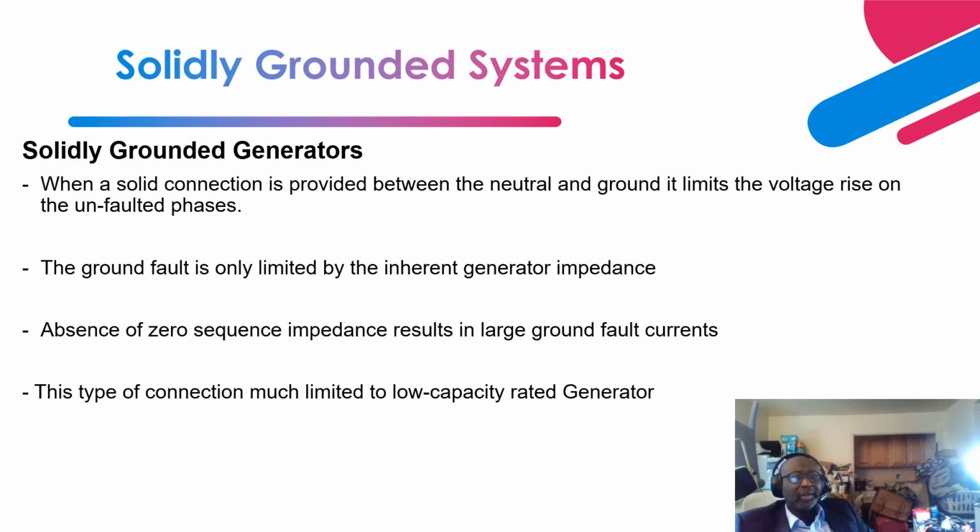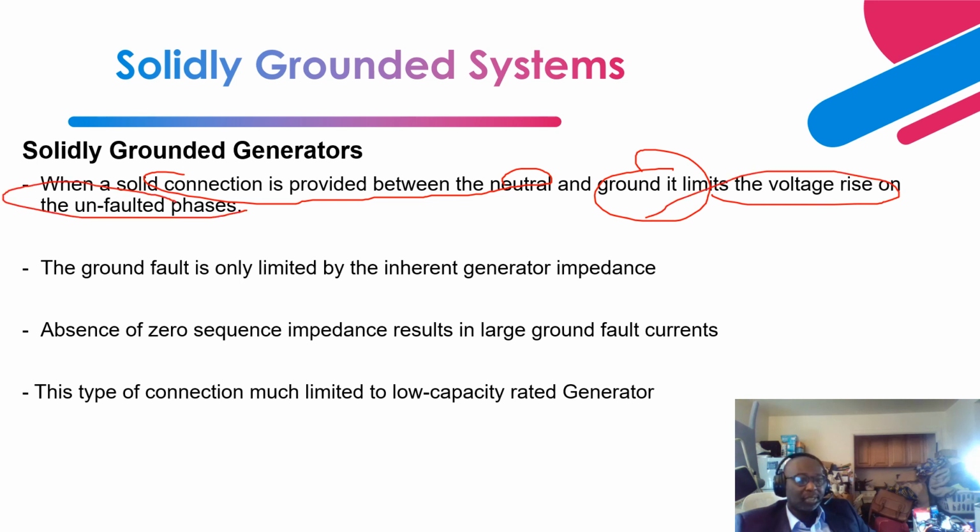Next is another grounding scheme that we'll talk about in an industrial facility: a solidly grounded system. For a solidly grounded system, you have a solid connection, no impedance or resistance in between, it's just solid. So you have a solid connection between the neutral and the ground, and it limits the voltage rise on the unfaulted phase.